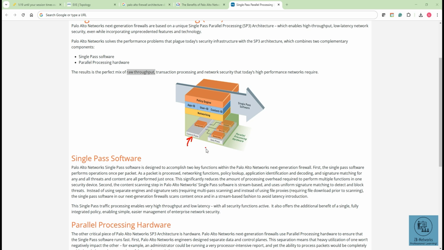One is called the control plane and one is called the data plane. The control plane basically keeps the management interface, right, and the data plane is going to contain the networking, the security, and the content of the device.